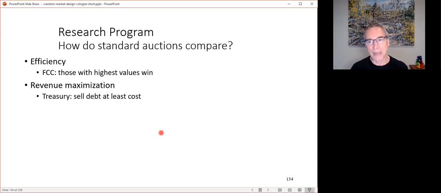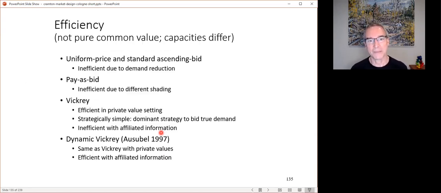Personally, in my market design work, I tend to focus more on efficiency than revenues, because an efficient auction encourages participation. In the grand scheme of things, where the auctions are repeated and participation is voluntary, efficient auctions are going to perform better in the long run, in my mind, than a narrow focus on revenue maximization.